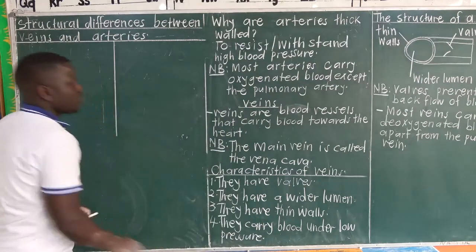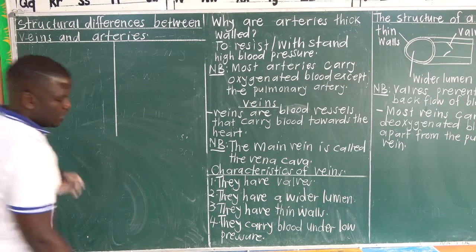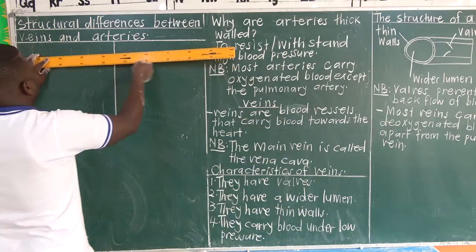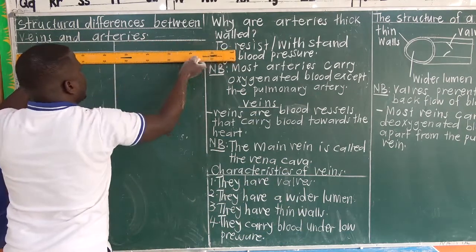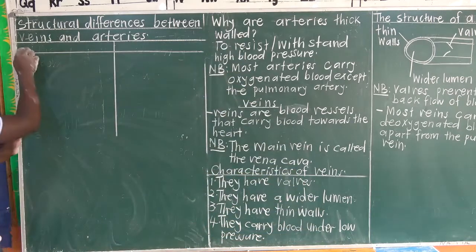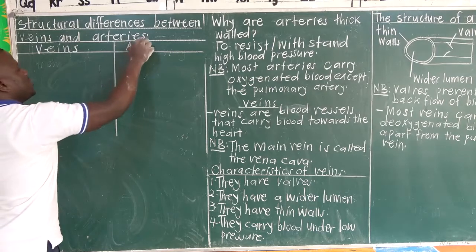Now we look at structural differences between veins and arteries. We are going to begin with veins, then arteries. Here we shall have veins. Then here we shall have arteries.